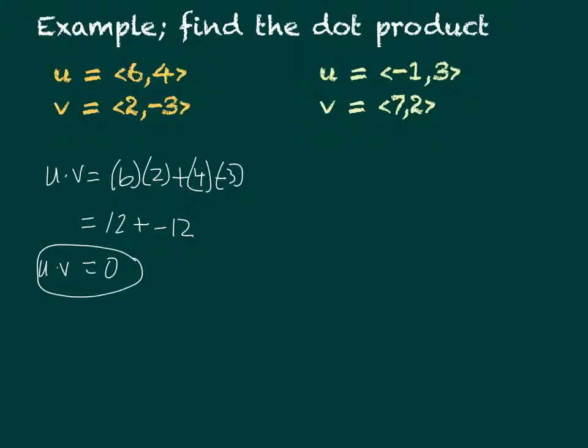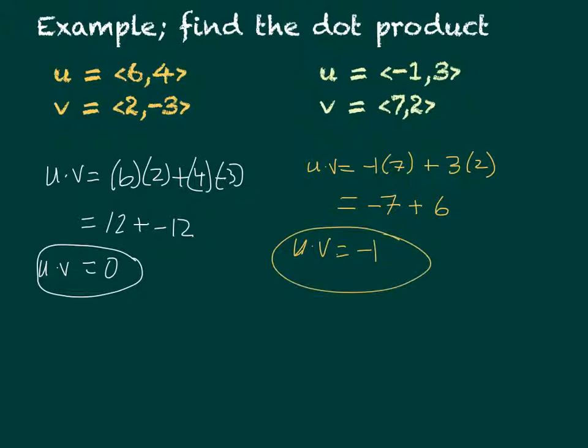And the next example here, we have u is negative 1, 3, and v is 7, 2. So u dot v is going to equal negative 1 times 7 plus 3 times 2. Negative 1 times 7 is negative 7, plus 3 times 2 is 6. So u dot v is going to equal negative 1.